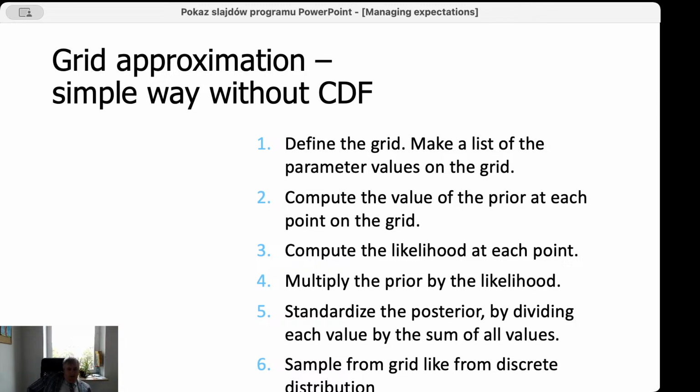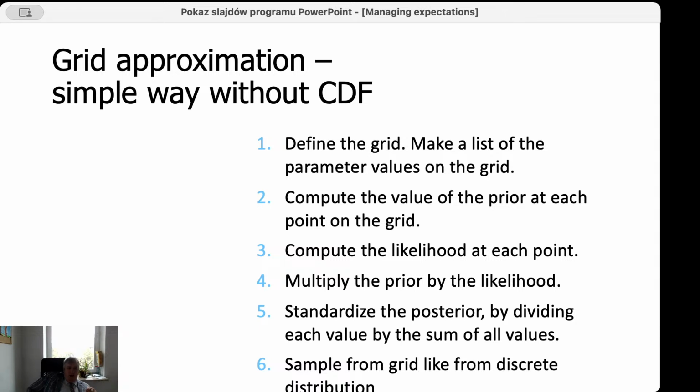Okay, so that's fun, but this is only for a very, very simple distribution, the distribution in one dimension. We can do different things. We can, for example, use a grid approximation.